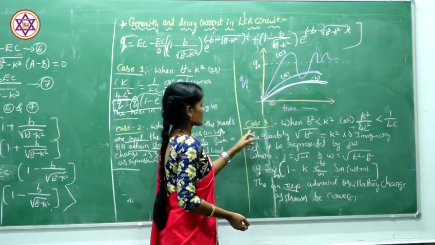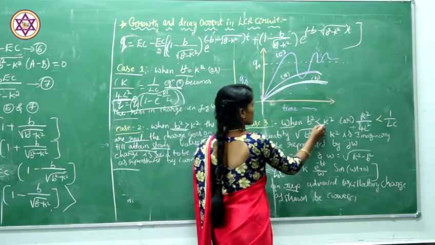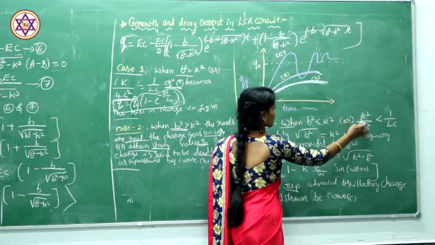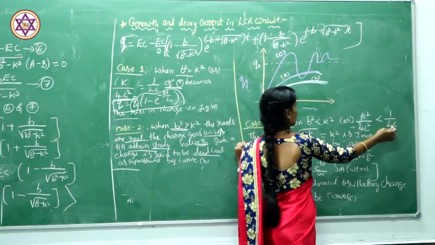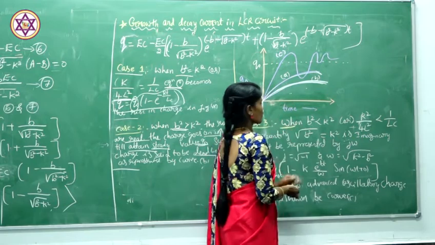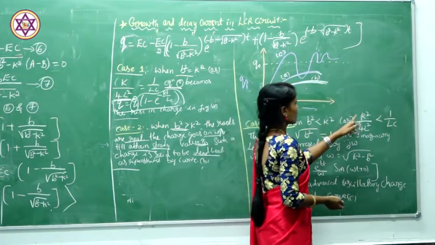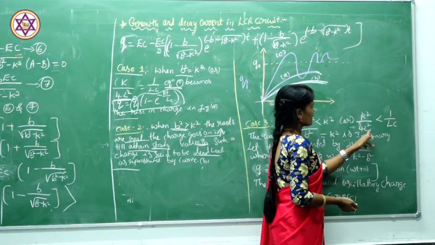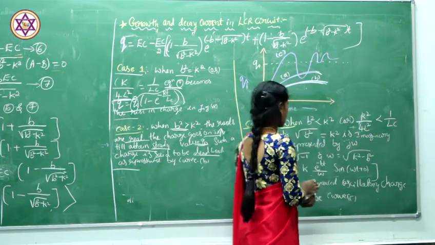Then case number 3: when b square is less than k square, or R square by 4L square is less than 1 by LC.